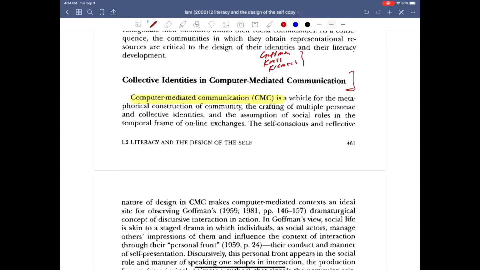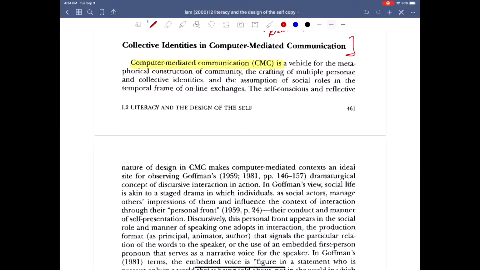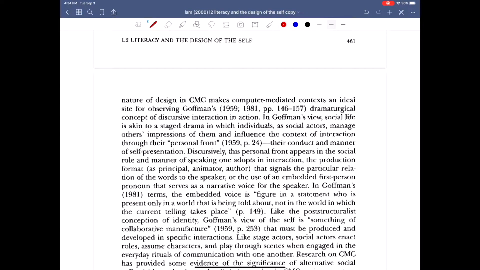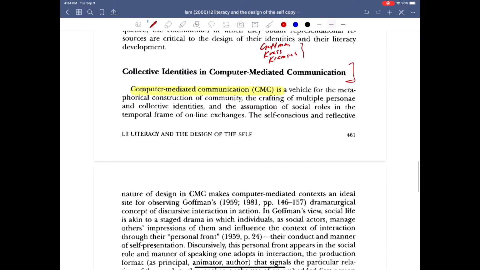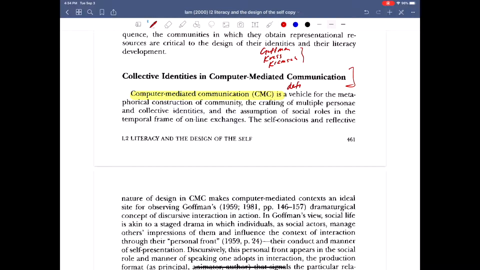So here's already an indication she's about to do some kind of synthesizing. But first, she wants to establish that field. She's going to start with defining what she considers, or what is counted as, computer mediated communication.